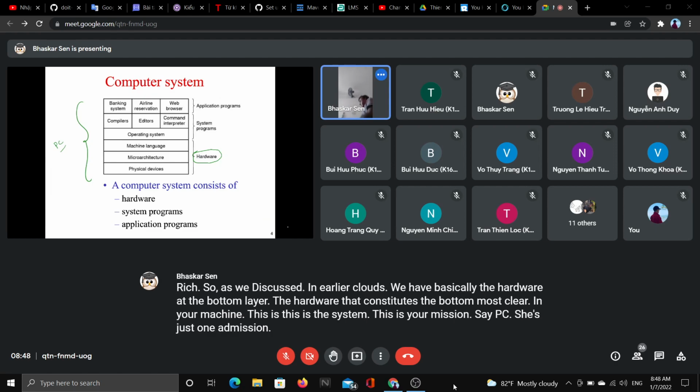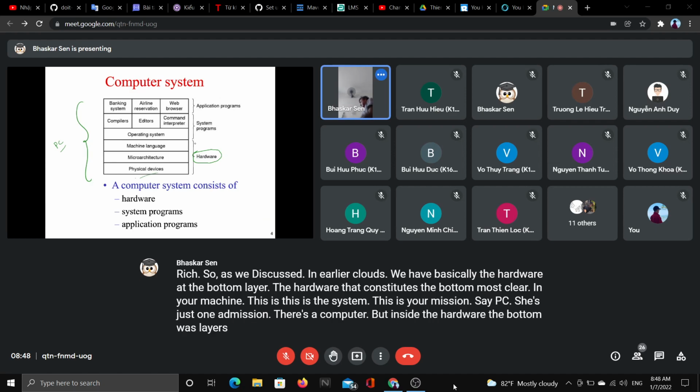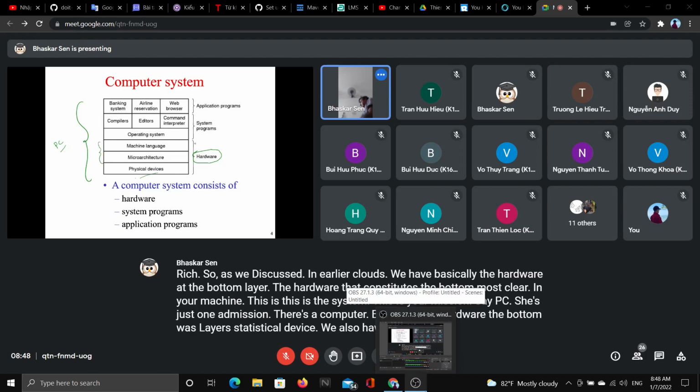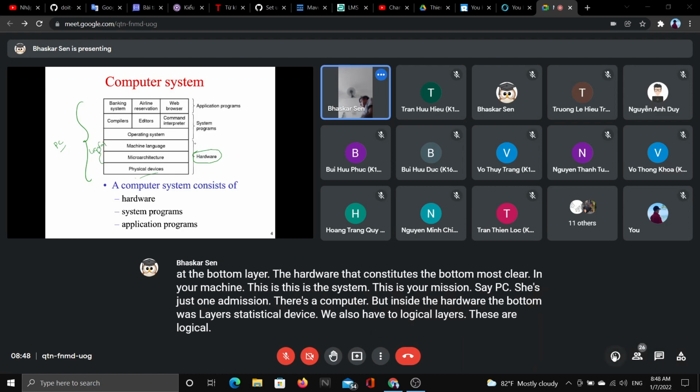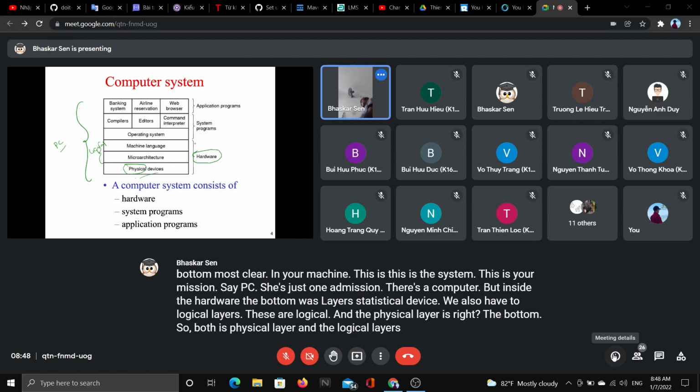It's a computer. But inside the hardware, the bottommost layer is the physical device. We also have two logical layers. These are logical. And the physical layer is right at the bottom. So both this physical layer and the logical layers together, they constitute the hardware.